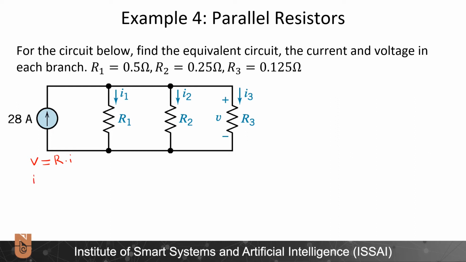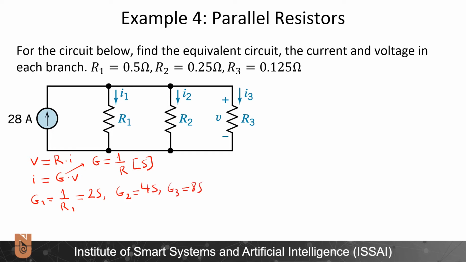We can write this as I is equal to G times V, where G is the conductance and is actually 1 over R with the units of Siemens. So accordingly, G1 is equal to 1 over R1, which is equal to 2 Siemens. G2 then will be equal to 4 Siemens. And G3 will be equal to 8 Siemens.